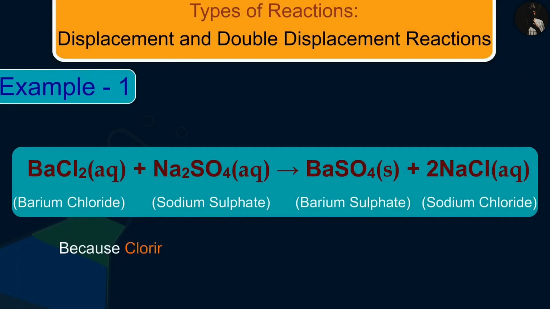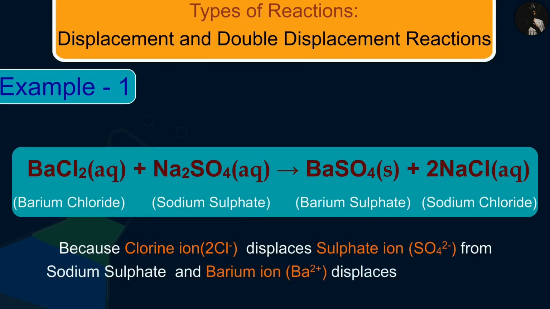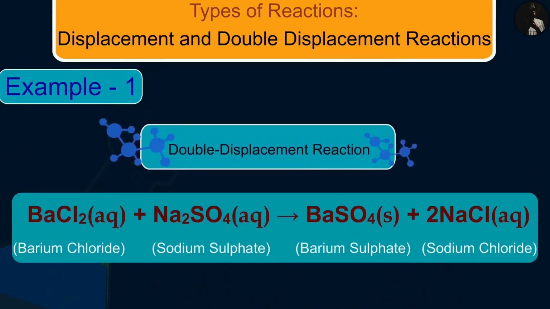Because chlorine ion 2Cl- displaces sulfate ion SO4 2- from sodium sulfate, and barium ion Ba2+ displaces sodium 2Na+ from sodium sulfate. Therefore, it is a double displacement reaction.